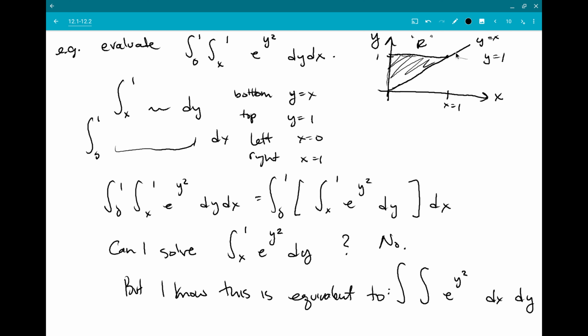But I know I'm integrating over this region, and as it's drawn, it goes with respect to y and then with respect to x. But there's nothing that's stopping me from switching it. So I could say, okay, let's do my left to right first. So I start back here at x equals 0.